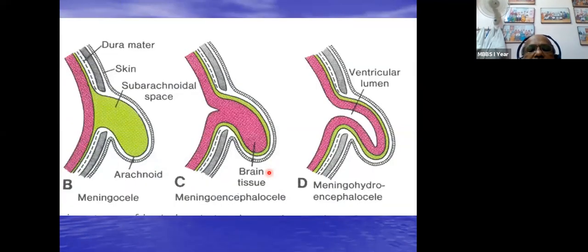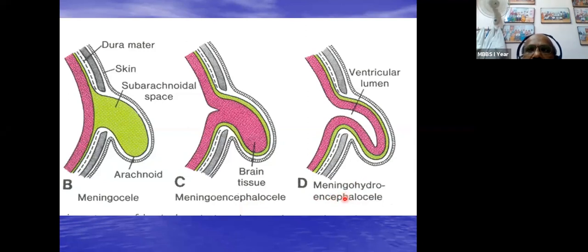So same thing in the brain, at the level of brain means meningoencephalocele. In case of spinal cord, we are telling meningomyelocele. If the ventricle is also herniating, that is called meningohydroencephalocele. That word encephalo denotes brain.